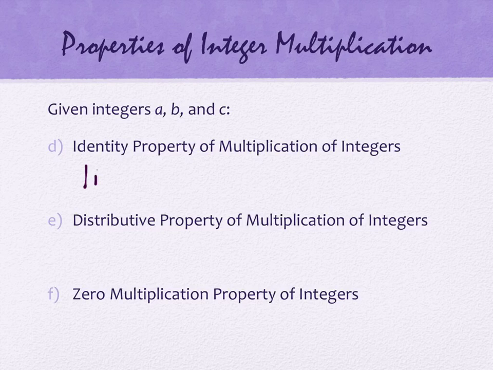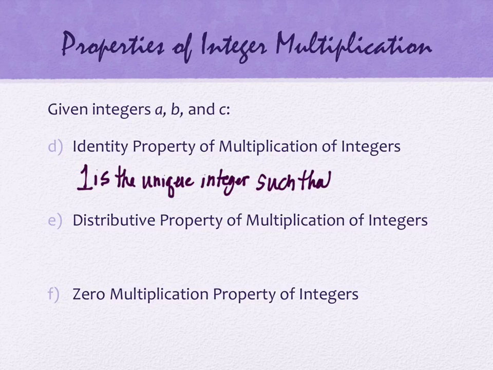So we say 1 is the unique integer such that 1 times A equals A times 1, which equals A. That is the identity property, and it's the same for integers as it was for whole numbers.